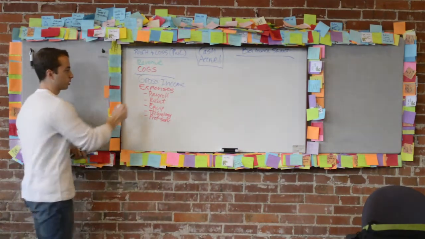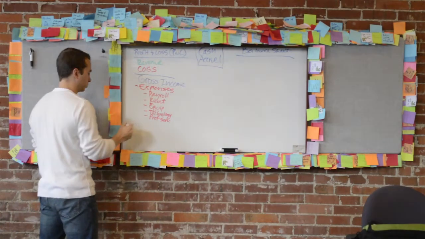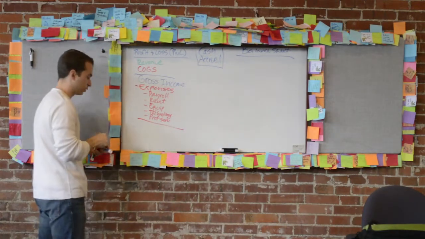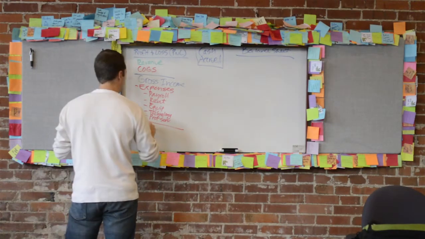And once you start subtracting all of this stuff out, then you get to what's called net income.